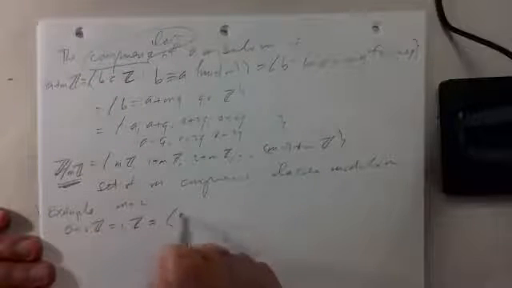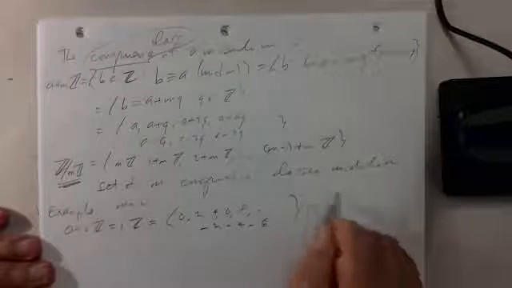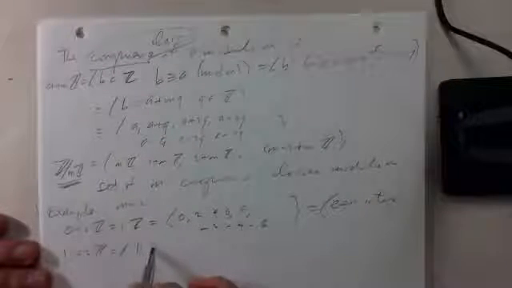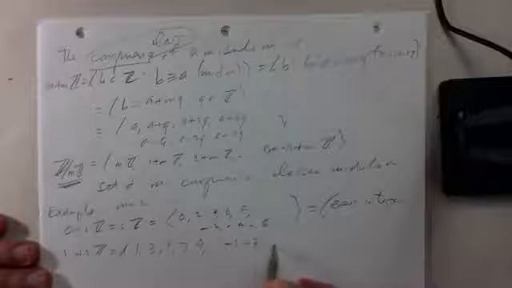Let's look at an example. Let's take m equal 2. So the congruence class of 0, which I just write as 2Z, is all multiples of 2. What is that? This is just the even integers. The congruence class of 1 is just 1, 3, 5, 7, 9, minus 1, minus 3, and so forth.